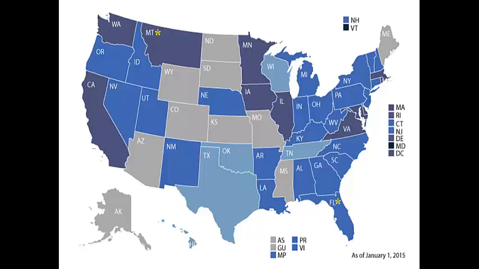The dark purple is 2012, dark blue 2009, light blue 2006, and the states that are gray have not adopted a statewide code yet, but there are cities and communities scattered throughout those states that have adopted codes, either 2009 or 2012, that require testing.